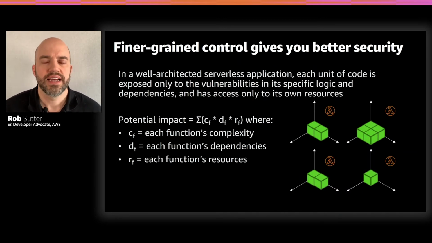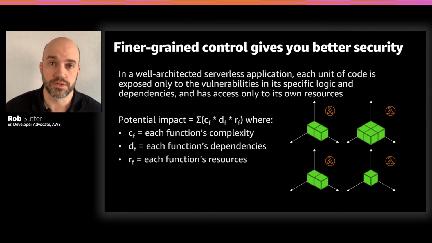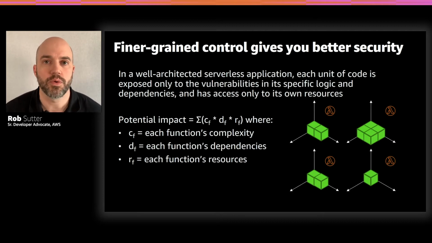With serverless, each function has its own dependencies, its own resources, and its own reduced complexity. This offers several benefits. First, a reduced complexity means you have a smaller mental model to consider, and developers are much more likely to hold the correct model of the portion of code they're working with in their head at any given time.